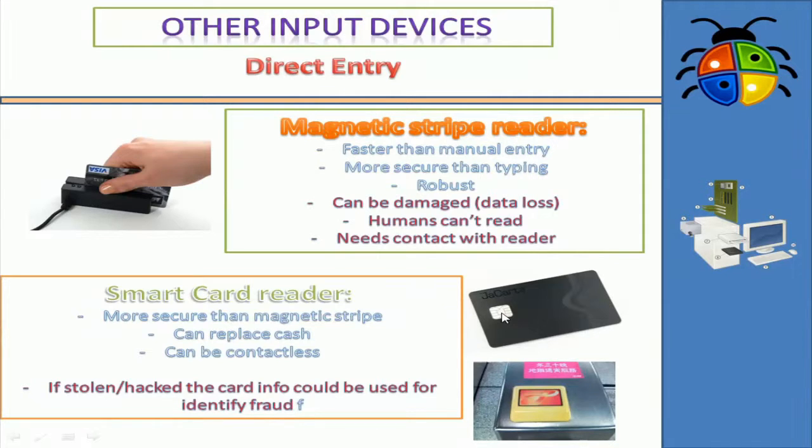They have information stored inside of them, usually or hopefully encrypted information that you need a specific system to be able to deal with. So they're more secure than magnetic stripe because they have this strong encryption and you sometimes need a code to get in there. And because of that, they can replace cash.